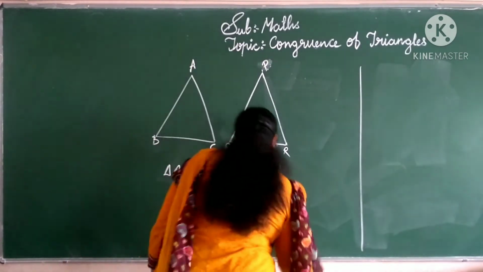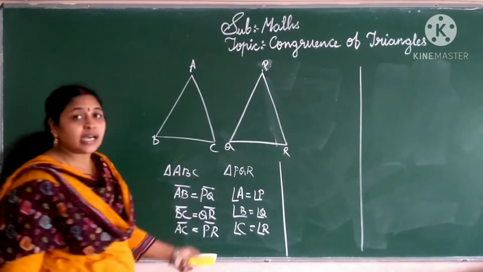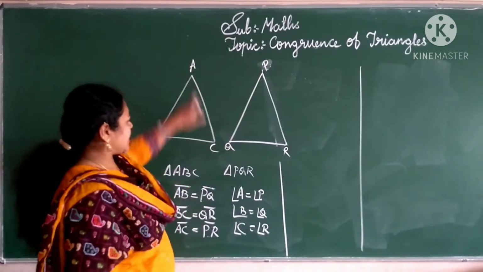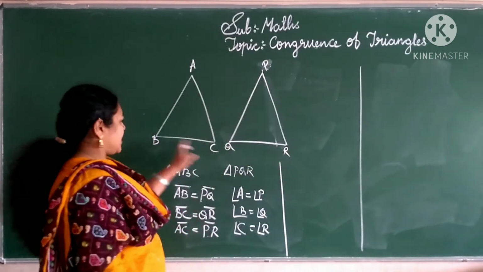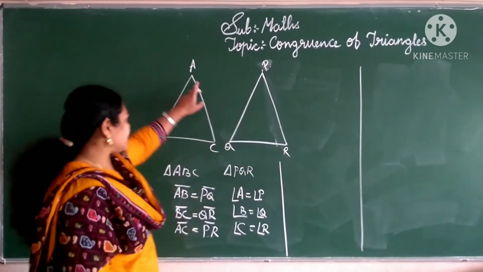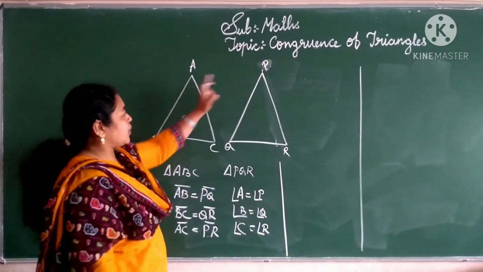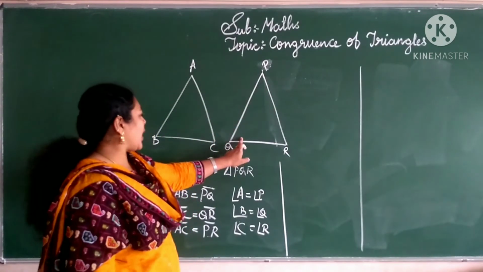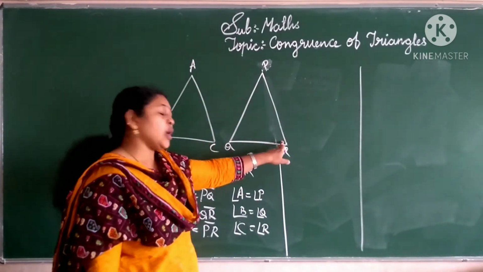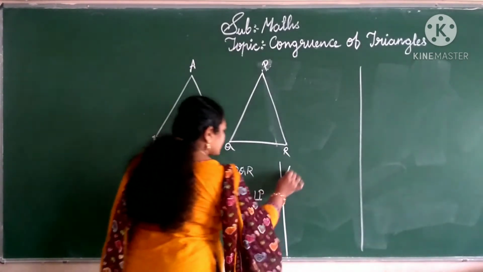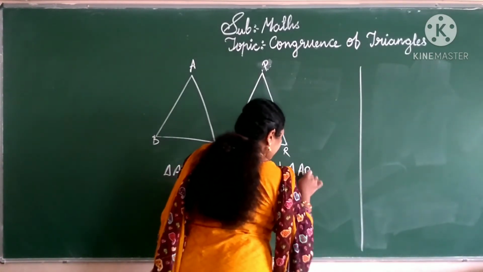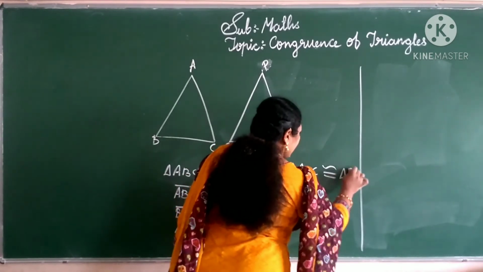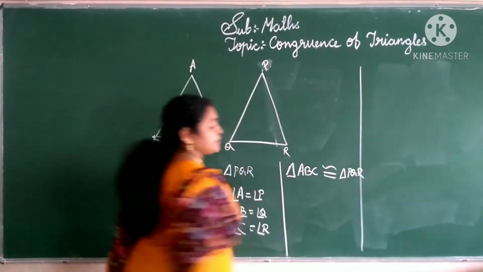If all statements are true, AB equal to PQ, AC equal to PR, BC equal to QR, and the three angles inside are equal correspondingly, then we will say triangle ABC is congruent to triangle PQR. Is it clear?